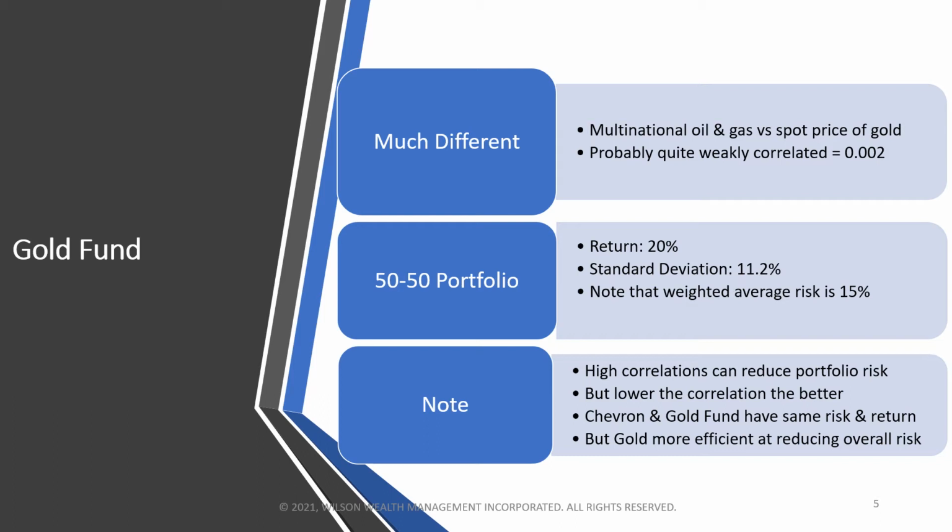When we combined Chevron with Exxon, we found the standard deviation 14.49. But here with the gold fund, it falls all the way to 11.2%. The weighted average is still 15, but that second half of the equation, the fact that we're pretty much at zero correlation, does a nice job of reducing our overall portfolio risk.